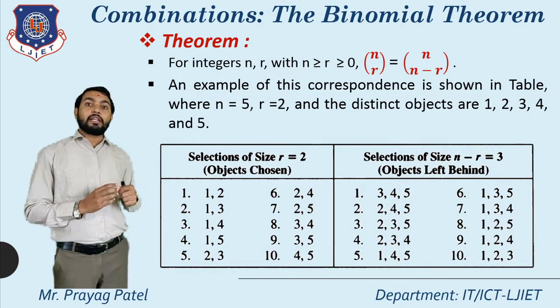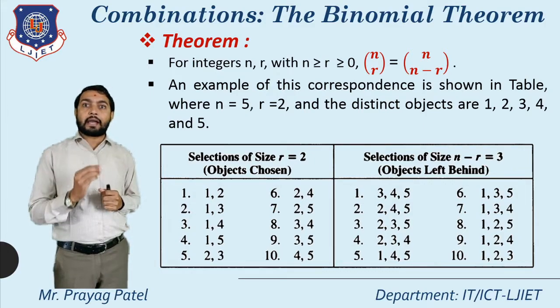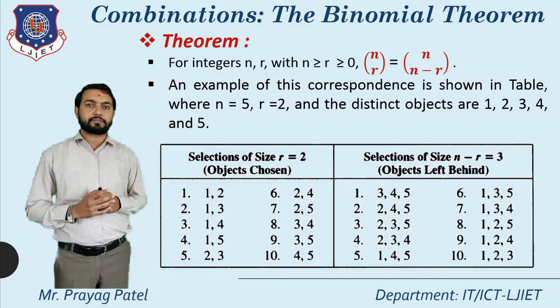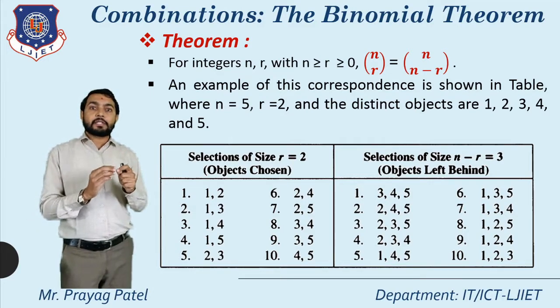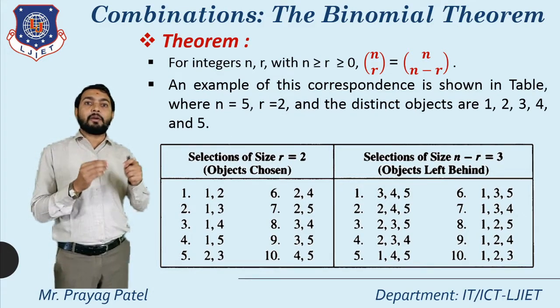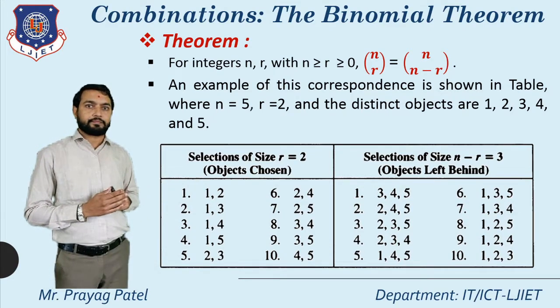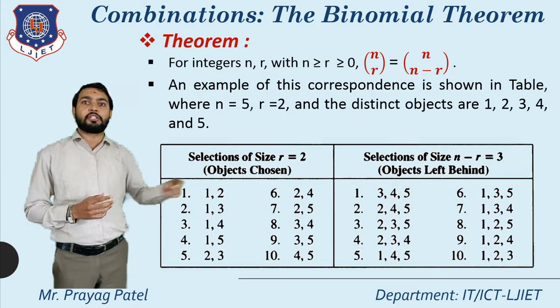Now in the same way, what is n minus r? So r equal to 2, n equal to 5, then n minus r equal to 3. So if we select 3 elements from the available 5 elements, then how many possibilities are there? In this case also we write the second part of this table.